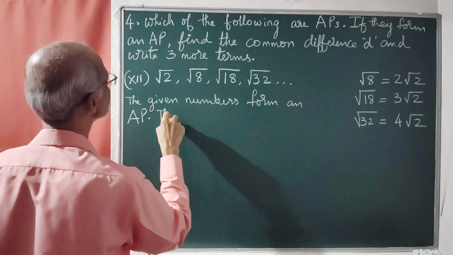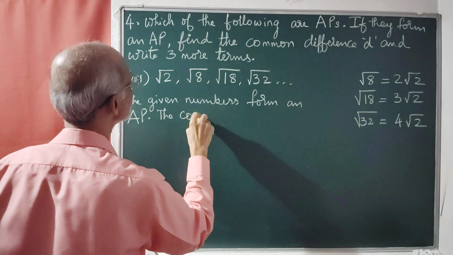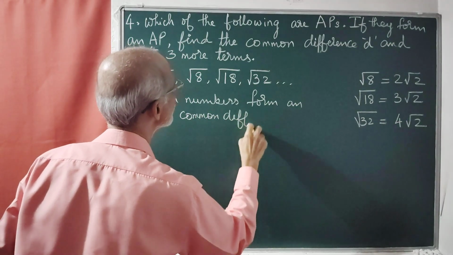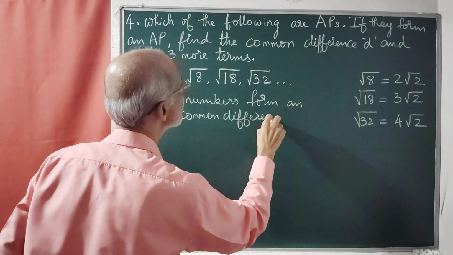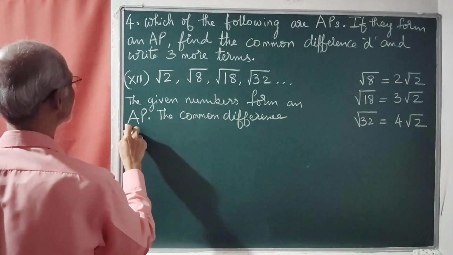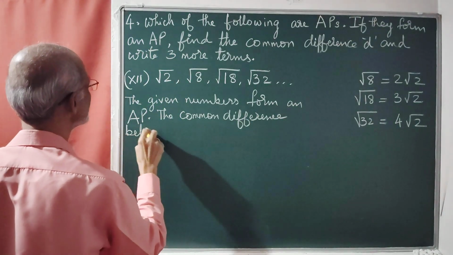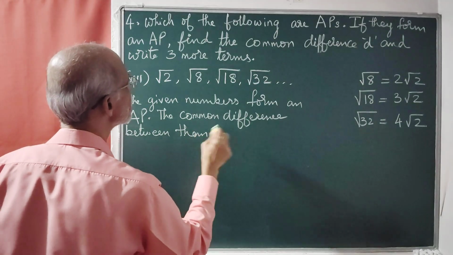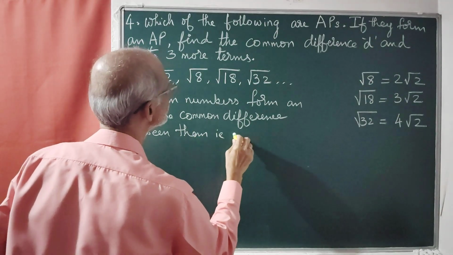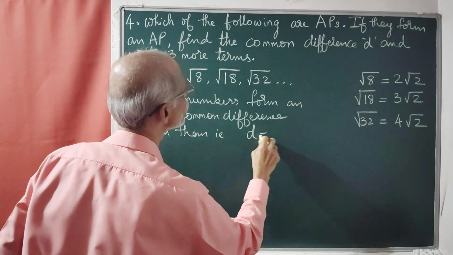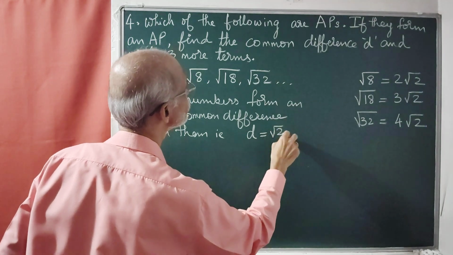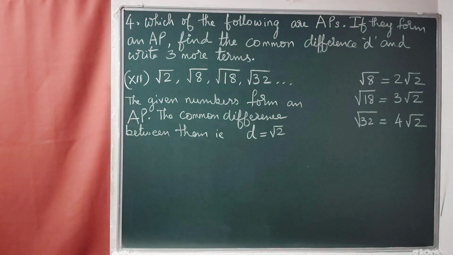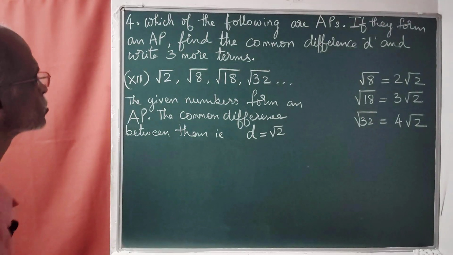The common difference between them, that is d, is equal to root 2. Now we have to find the next three terms.